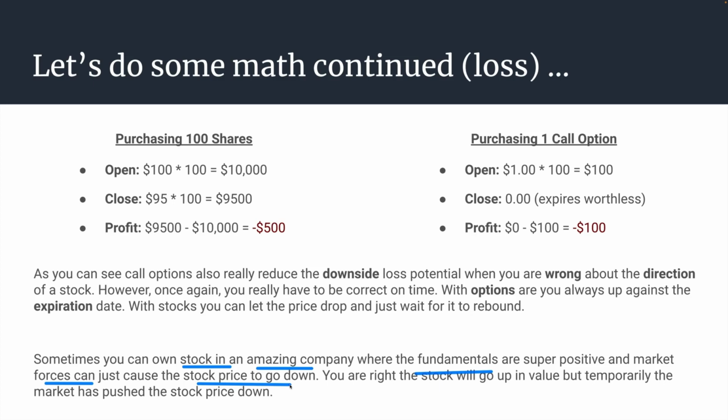But in the beginning days of COVID, the overall market still brought those stocks down because of the complete uncertainty. People were just selling everything, bringing all stocks down. While the fundamentals of those companies were sound, the stock price still went down. That's why sometimes owning shares relative to a call option gives you more time for your thesis to play out, because you're not fighting up against the expiration date of a call option.